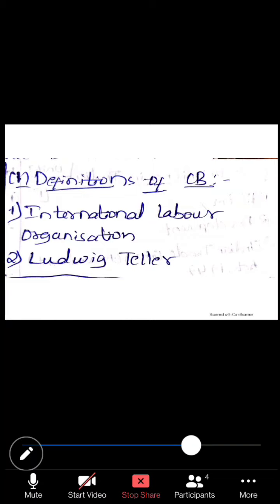Ludwig Teller defines collective bargaining as an agreement between a single employer or an association of employers on the one hand and a labor union on the other, which regulates the terms and conditions of employment. So the basic definition still holds good. It is a negotiation between employers and workmen to determine the working conditions, the terms and conditions of employment.